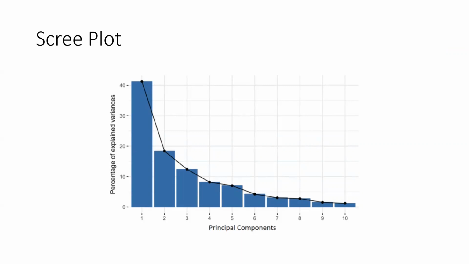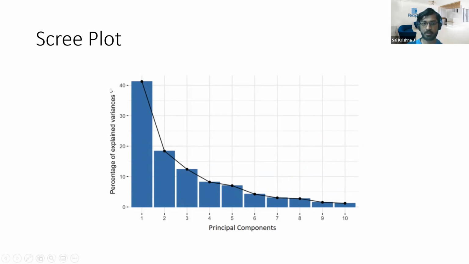And the percentage of explained variance: what is this explained variance actually? Let's take the same example. Assume that this number 1 is a combination of average monthly income and inflation.